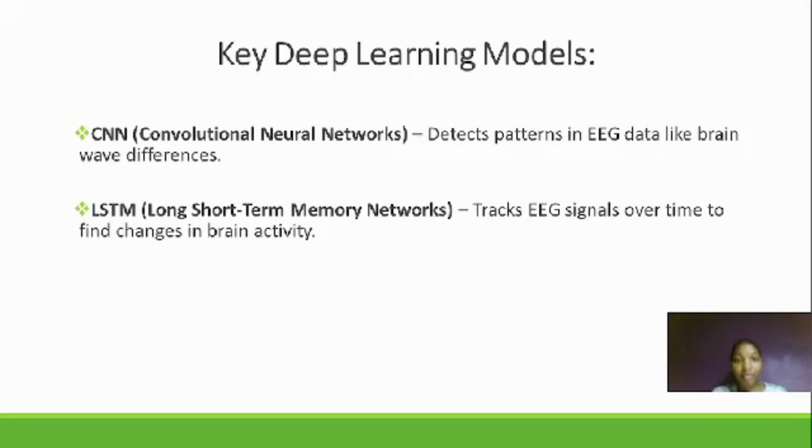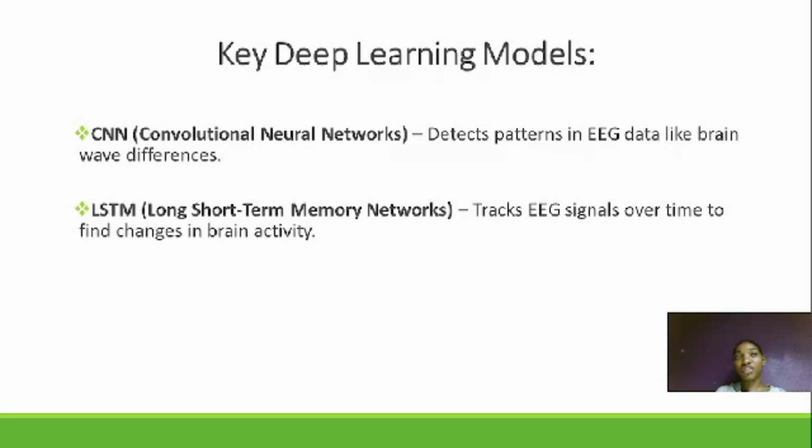This one detects patterns in EEG data like brain waves. It uses a filter to check on the differences in signals or patterns. It checks whether a frequency is going higher or going low, it checks for the patterns and the differences in the frequencies.